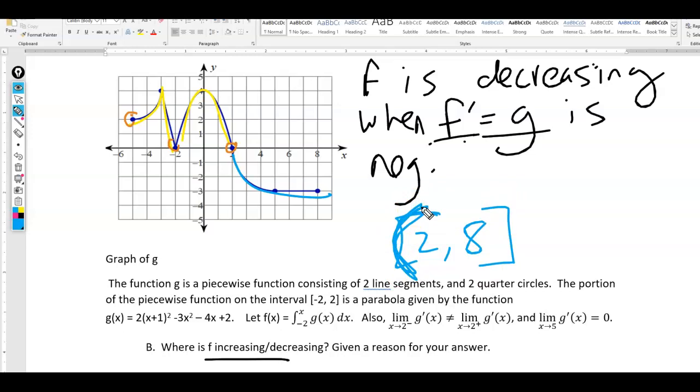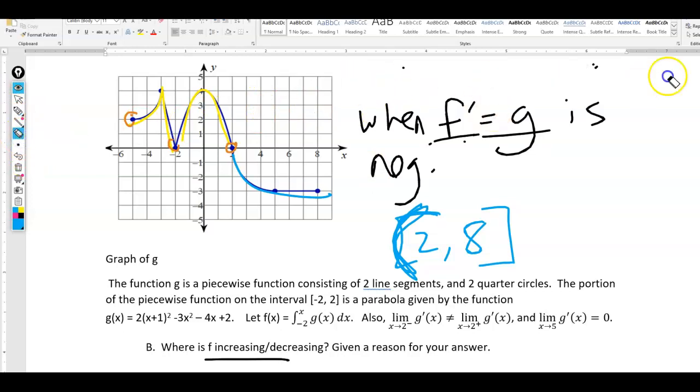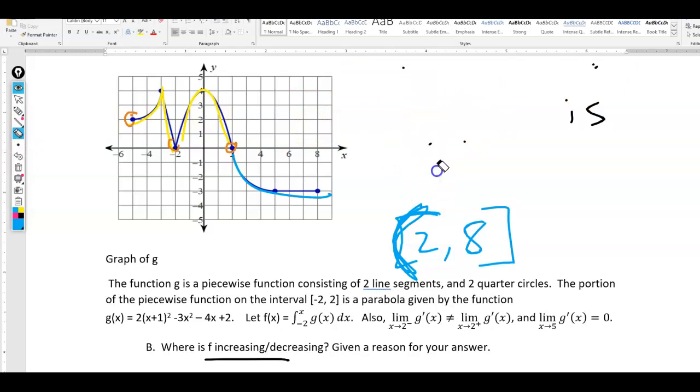Okay. Now your guys' question asks you to do 2 things at once. So for instance, suppose I asked you guys, where is F increasing and concave up? Actually, let me change it up a little bit.